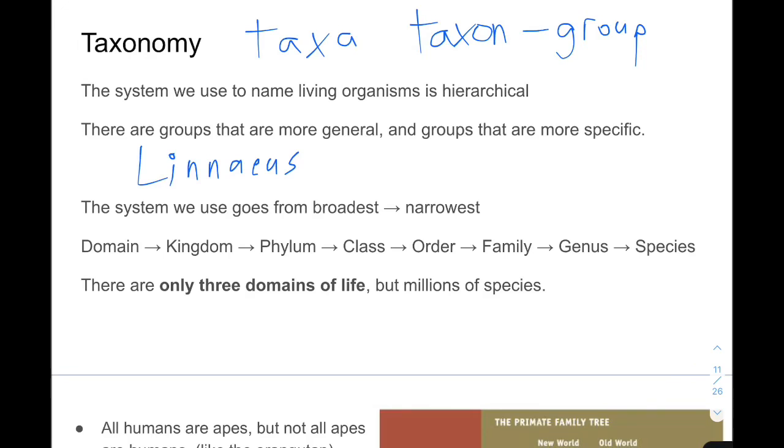But the broadest category here, the way that we start to look at it, is there are different levels that are hierarchical. We can think of this in terms of like a Venn diagram. We might have here all of the numbers. Inside of all of the numbers, we might have here all the real numbers.